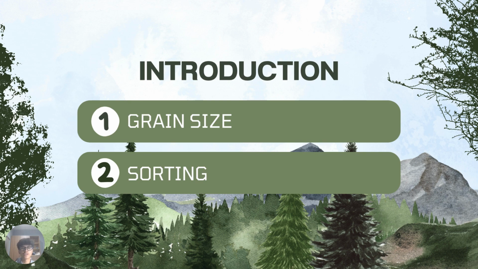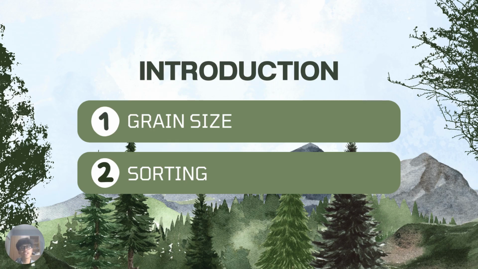First, introduction. Why are grain size and sorting very important? They are the parameters of ancient environment. Grain size and sorting are two of the most important textural properties used to describe sediment and sedimentary rock.